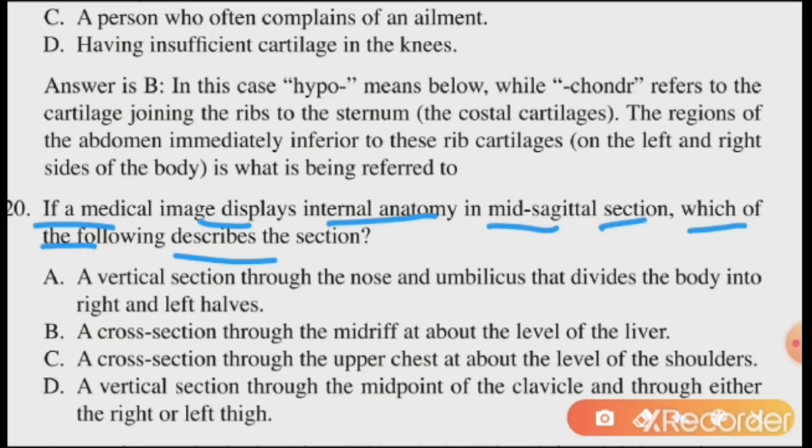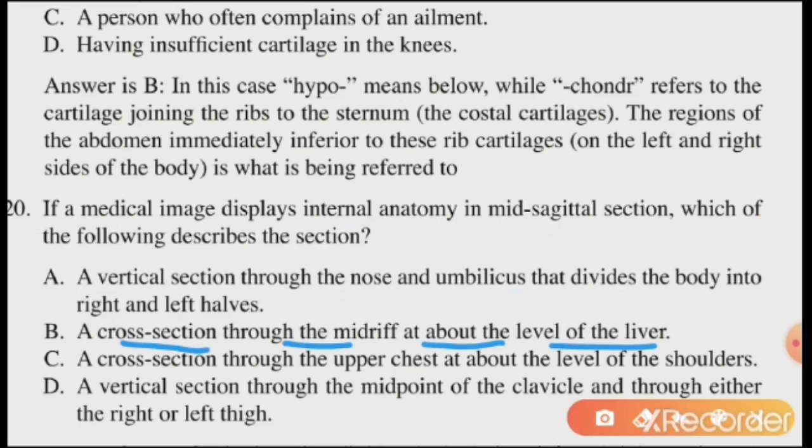Option A, a vertical section through the nose and umbilicus that divides the body into right and left halves; option B, a cross section through the midribs above the level of the liver; option C, a cross section through the upper chest above the level of the shoulder; option D, a vertical section through the midpoint of the clavicle and through either the right or left thigh.